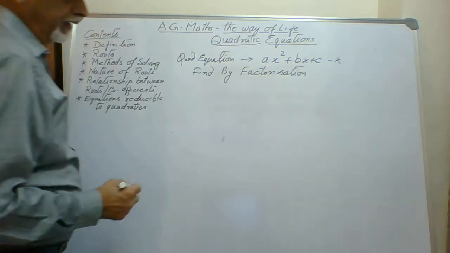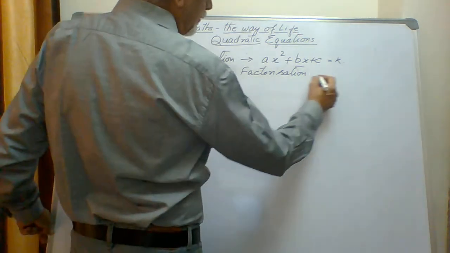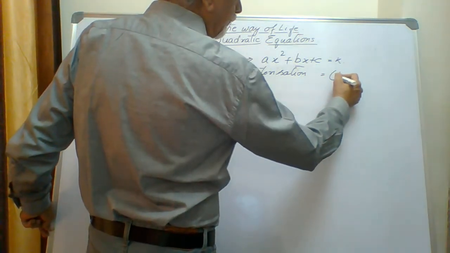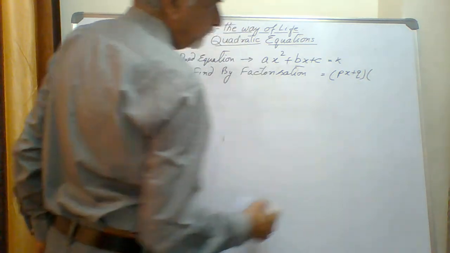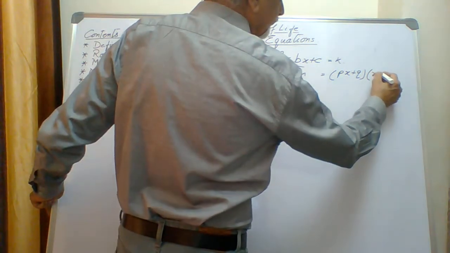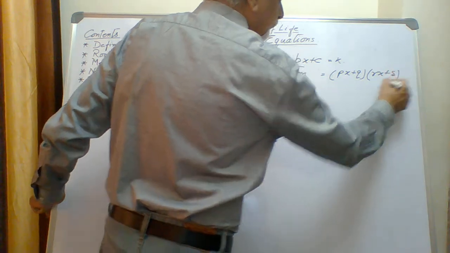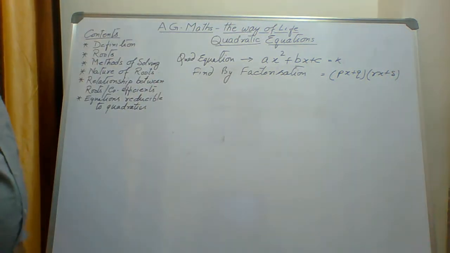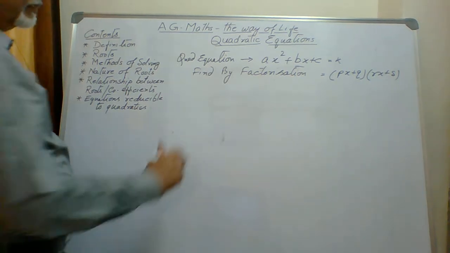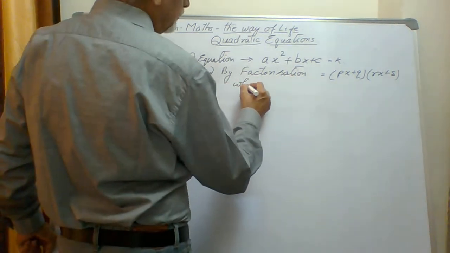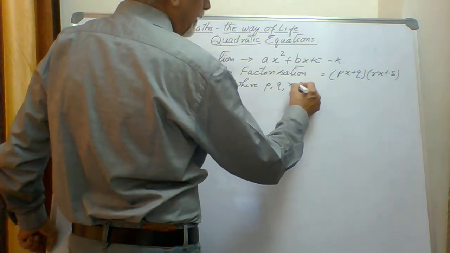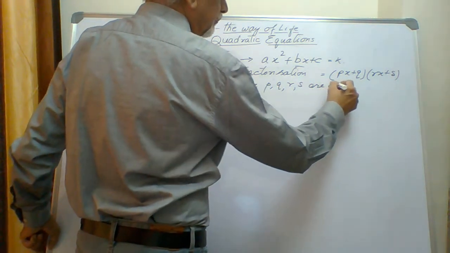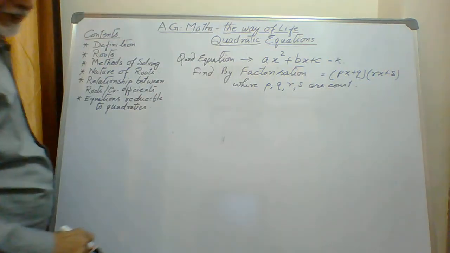Let the factors be px plus q and rx plus s, where p, q, r and s are constants.